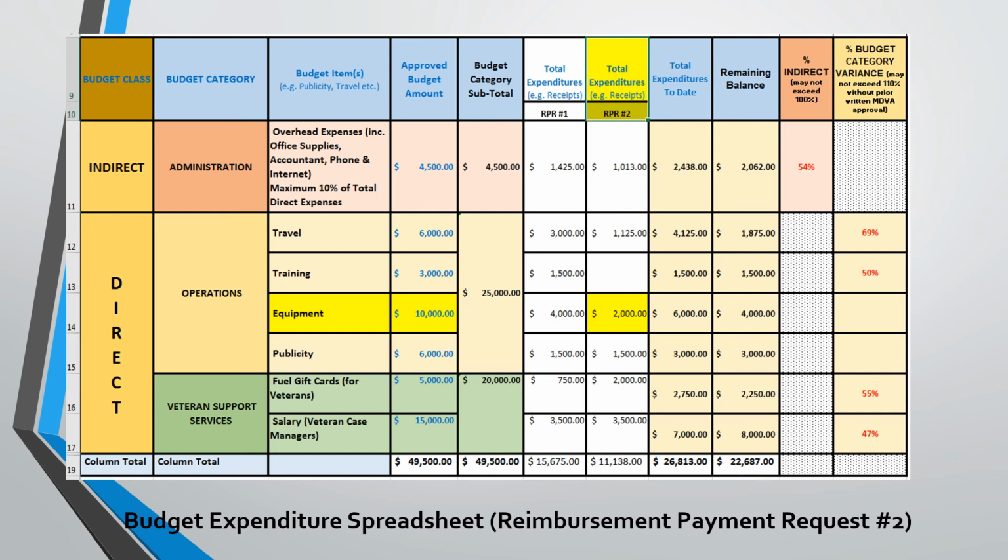So in this example, this grantee is reporting that they spent $2,000 on equipment. Then the expectation is that along with the budget expenditure spreadsheet, they are submitting an invoice that totals or exceeds $2,000 for equipment.